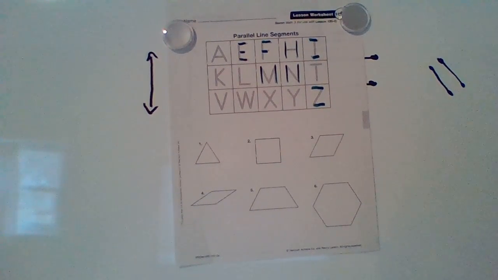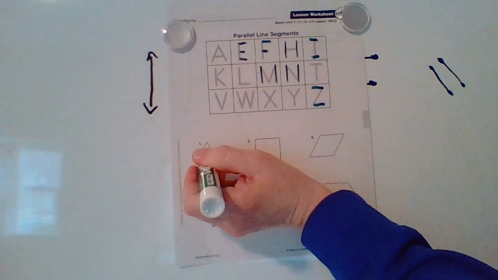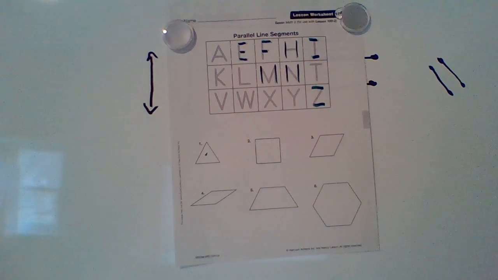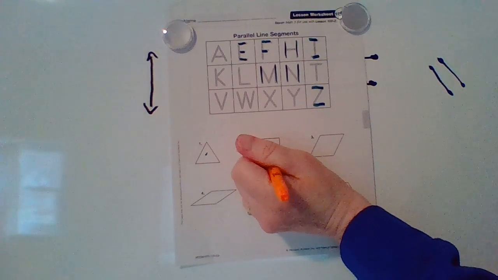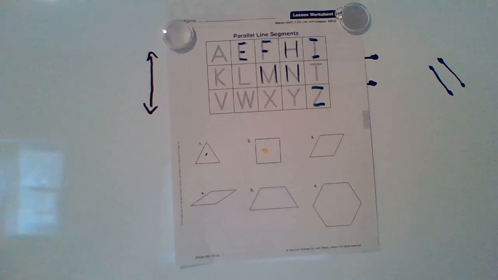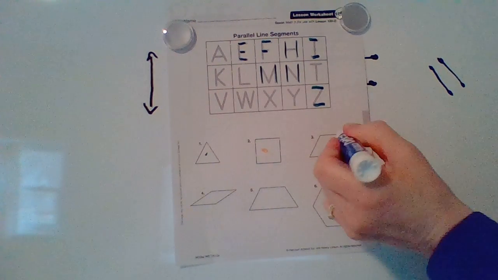For this one, that would be a green dot. And the square is orange. The rhombus is blue.